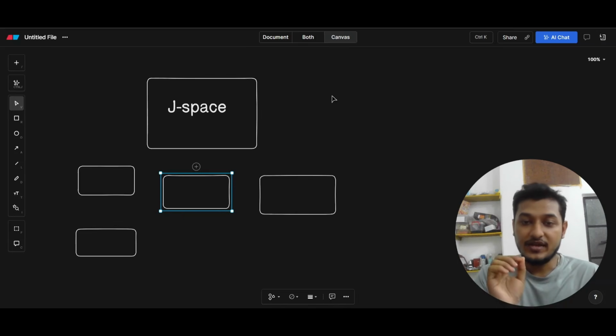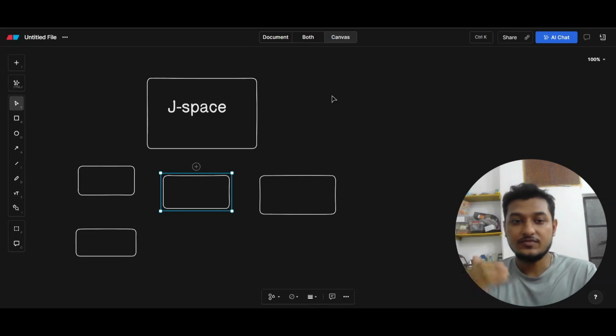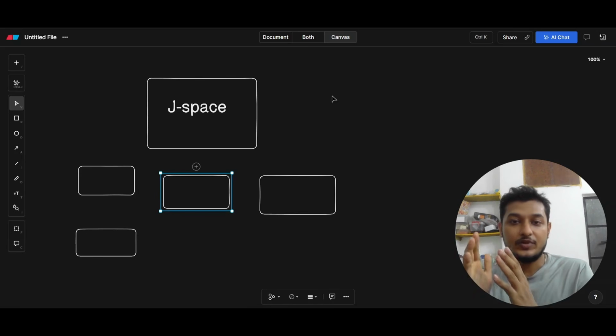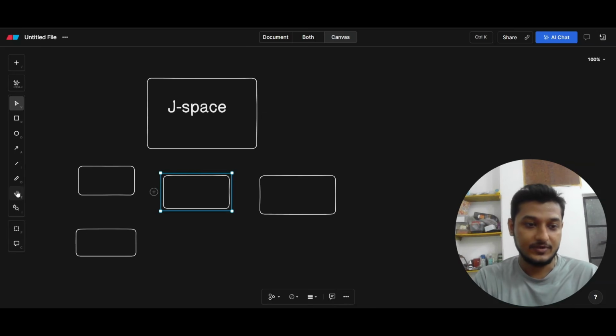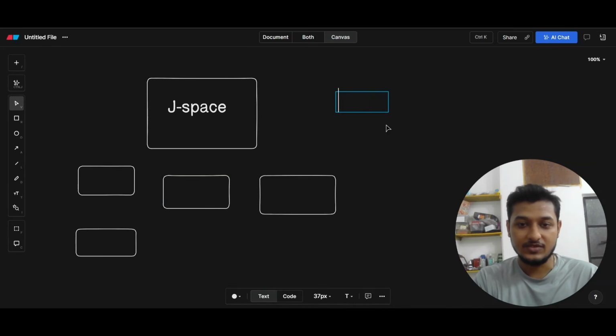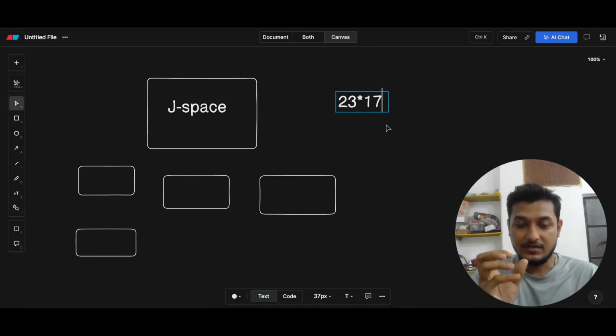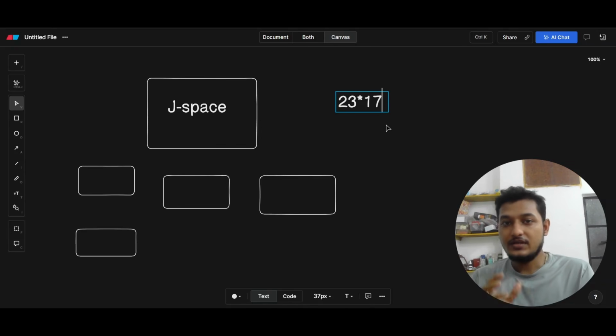Whenever you ask a question to this model, the model thinks. Let's say you have asked what is the value of the multiplication 23 multiply 17. Whenever you give this question to the model, if the model has thinking capability, the model will think.